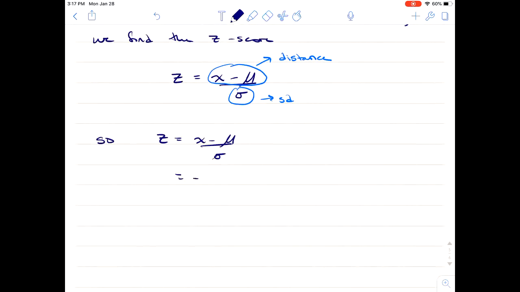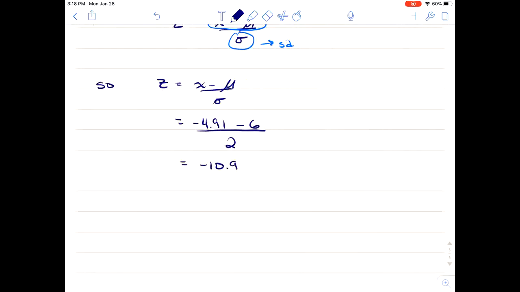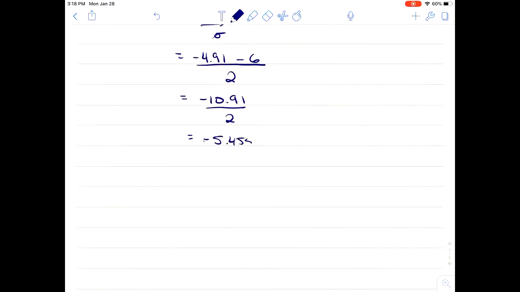For us, we had an x of negative 4.91 and a mu of 6, divided by 2. That's negative 10.91 divided by 2, which is negative 5.455. That's the same value. It's negative because negative 4.91 is below the mean. So the negative is saying it's 5.455 standard deviations below the mean, whereas if it's positive, it's above the mean.